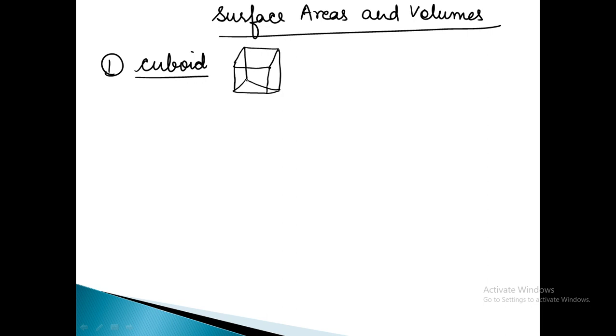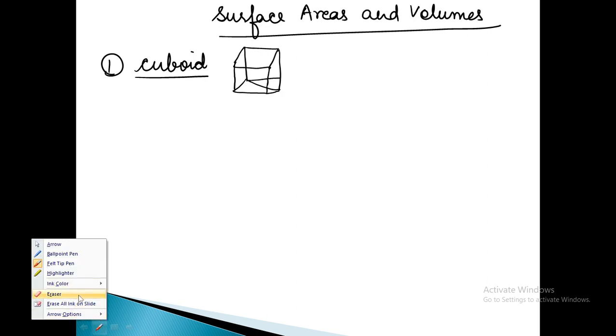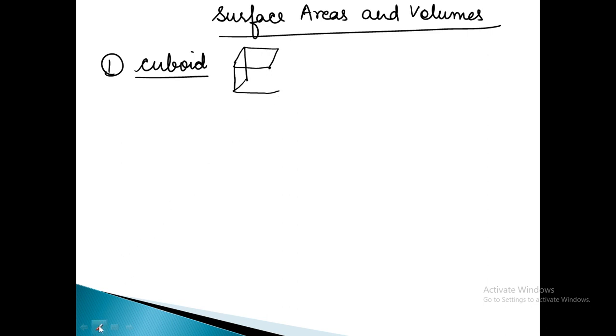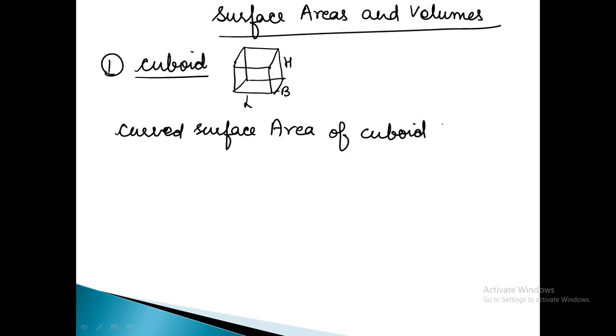Here we have length, width, height. If you want to find out the curved surface area of a cuboid, then we will use this formula: 2(LH + BH).